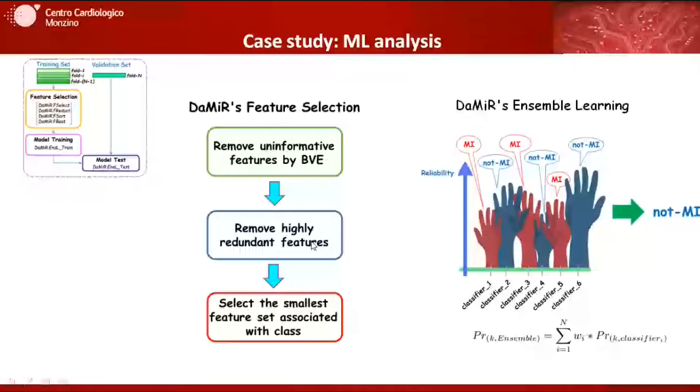The classification step is performed by implementing a meta-learner classifier, an ensemble classifier, combining the predictions of several weak classifiers weighted by their reliability.